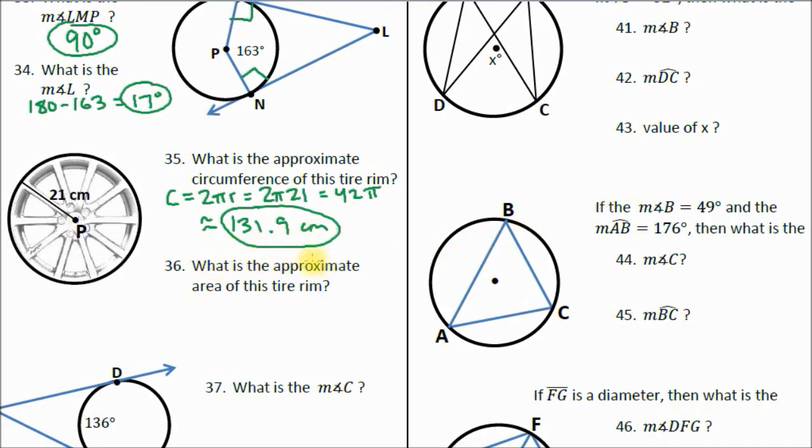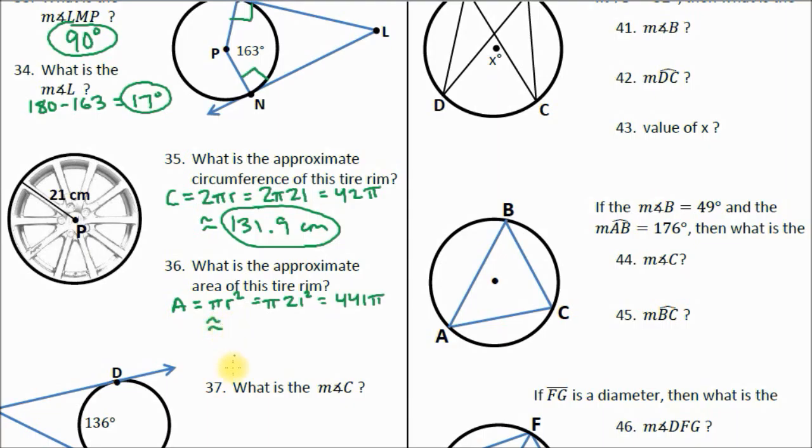Next question, what is the approximate area of this tire rim? Well, area is pi r squared, which is pi times 21 squared. 21 squared is 441. So our area is 441 pi inches squared.